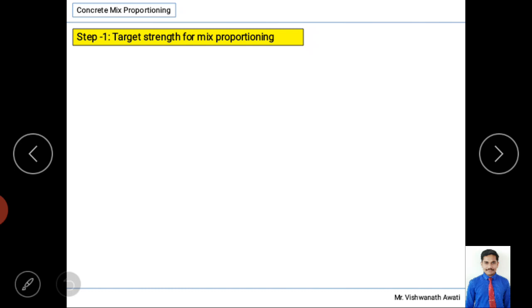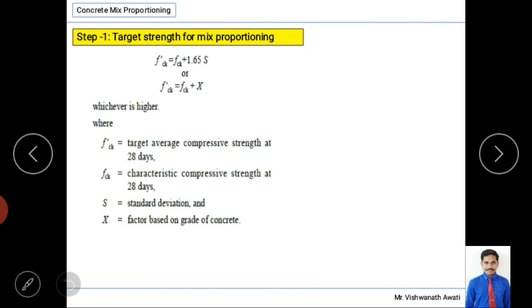But to calculate target strength of mix proportioning, we have to use a formula according to the code book. So according to the code book, the formula is f'ck. So f'ck means what? Target average compressive strength at 28 days, right? It is what we have to calculate.